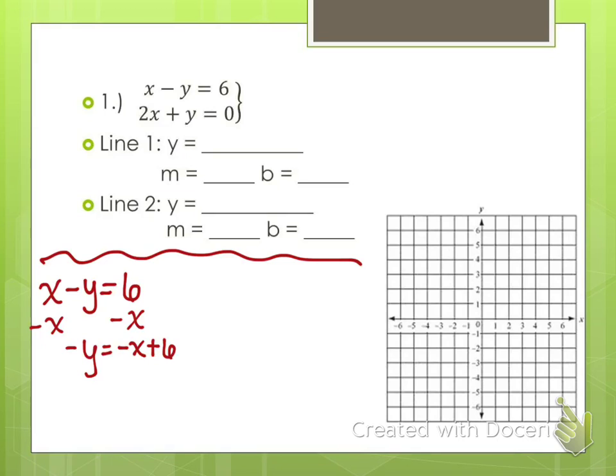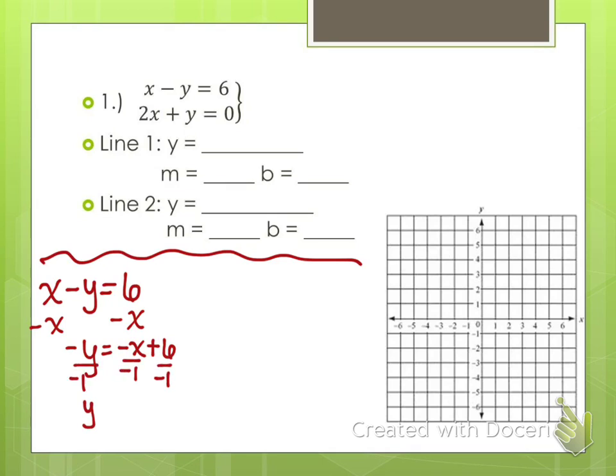Now something special still has to happen on this one. Does anybody know what it is? Ellie? Oh, you have to switch the negative signs. Good, we have to switch the signs. We do not want a negative y, we want a positive y. Some people think about this as dividing off a negative 1.